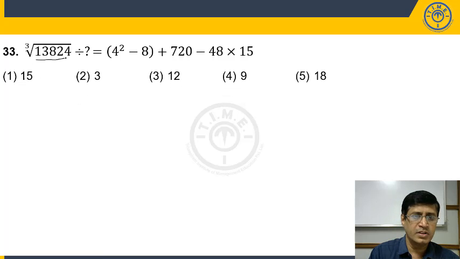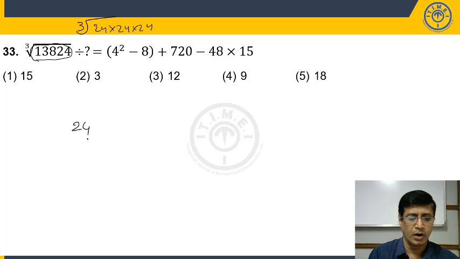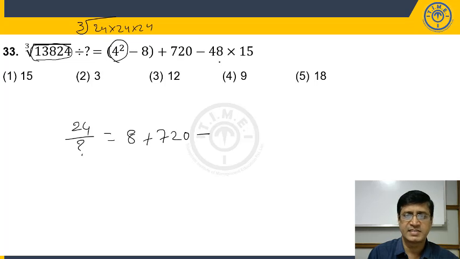Now the value given in this root is a perfect cube, it is 24 cube. The cube root of 24 into 24 into 24 is 24. So 24 by question mark is equal to, 4 square is 16, 16 minus 8 is 8, plus 720, minus the product of these two numbers which is also 720.